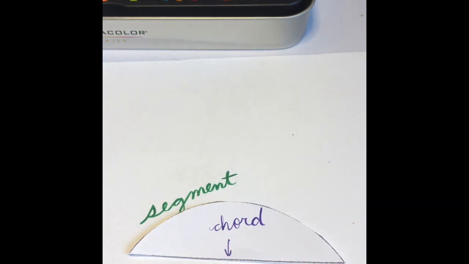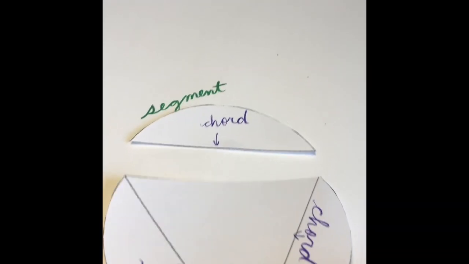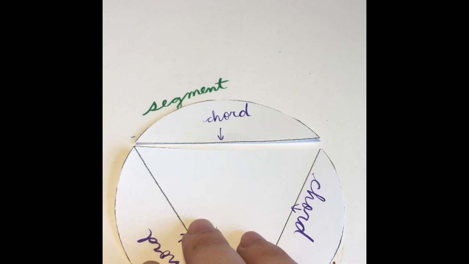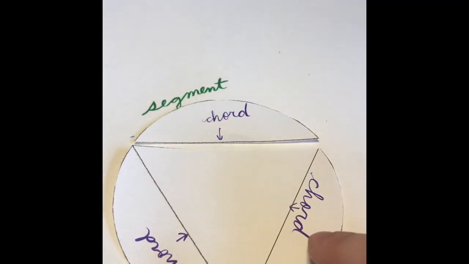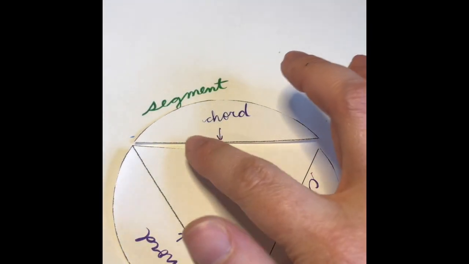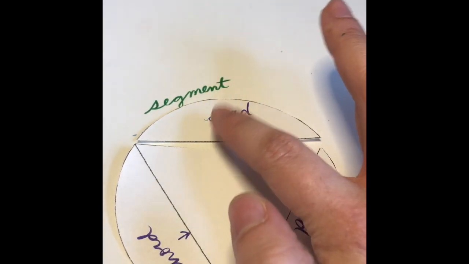So this is a segment. How many segments does this figure have all together? It has 3. 1, 2, 3 segments. A segment goes from a chord to an arc. This is a segment.